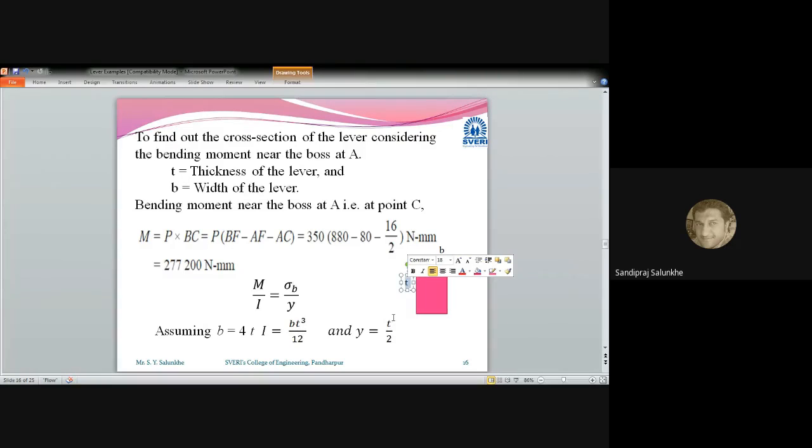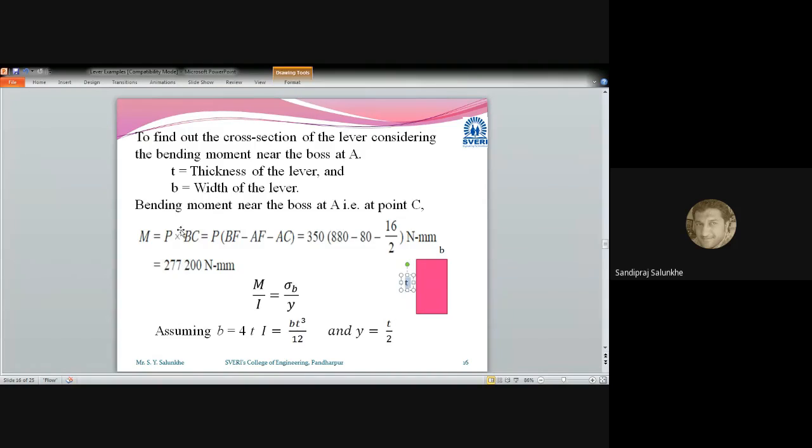And width, that is we have considered as B, the width of that lever. So we'll consider it as B, and the height of that plate we'll consider as T. Here you can mention A, B, C, D, E, F, G up to Z, whatever it may be, but we have considered these as standard nomenclatures.